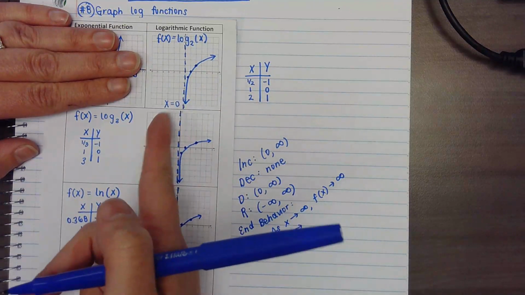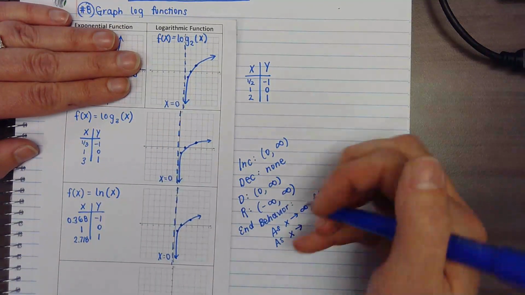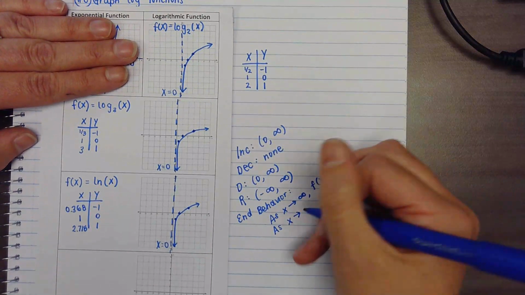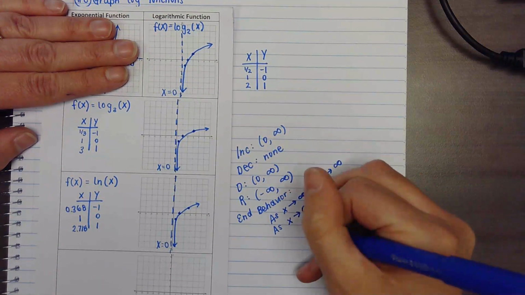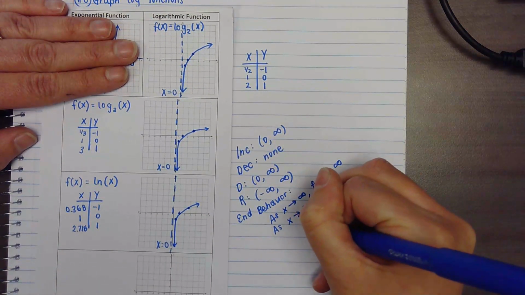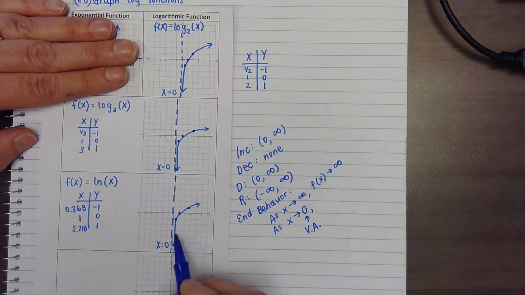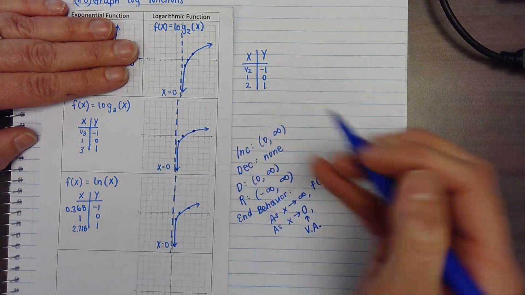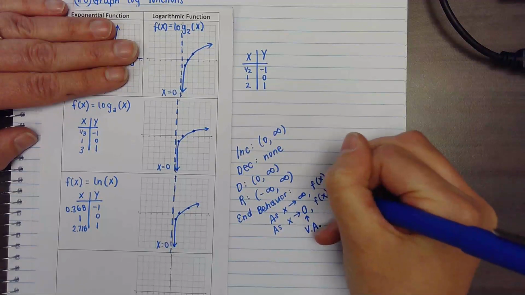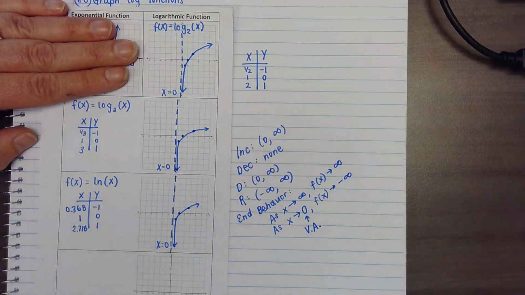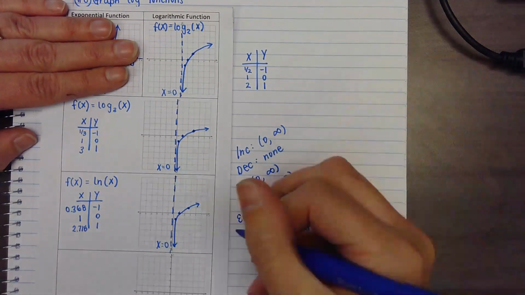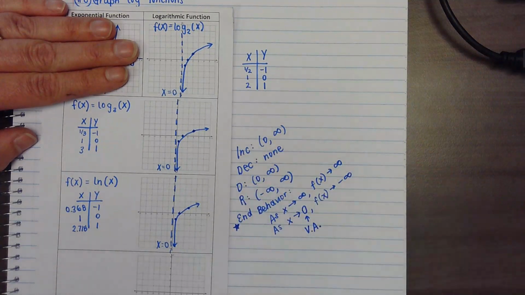We're approaching the asymptote. So as x approaches 0, which is my vertical asymptote, the function is approaching negative infinity. So this is new for us with this vertical asymptote that a log has.